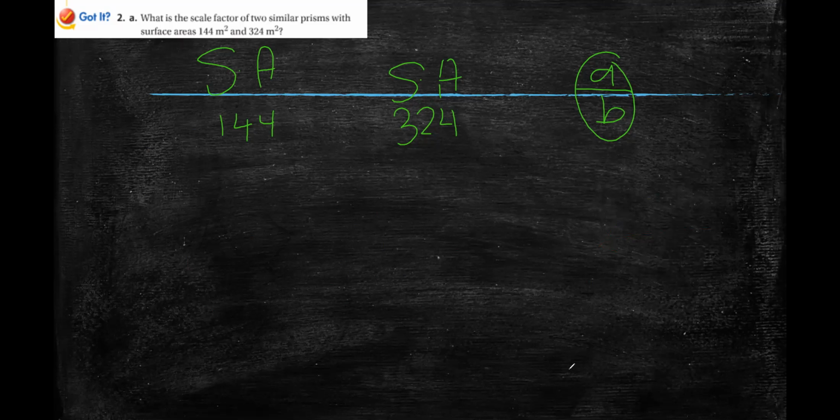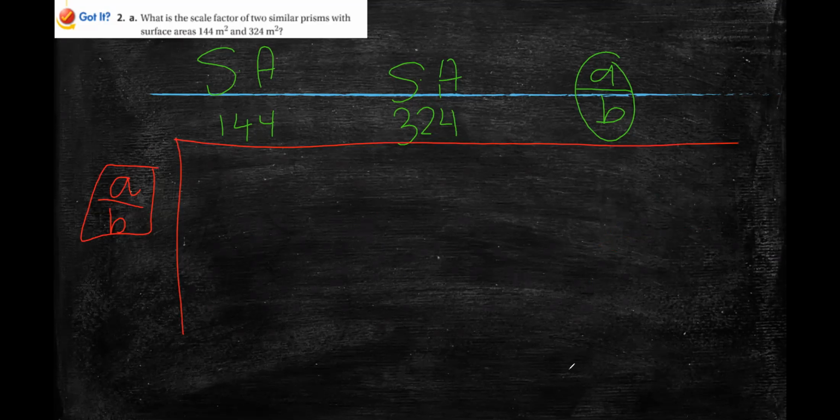Here now, to find the scale factor, which is A over B, this is what I want to find. I have only the surface area for the two solids, which can be written as the surface area of the first prism over the surface area of the second prism.